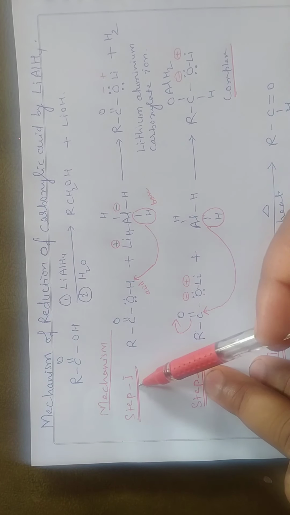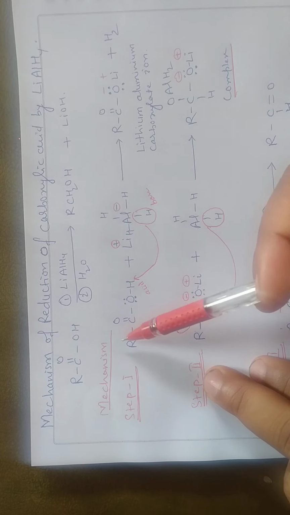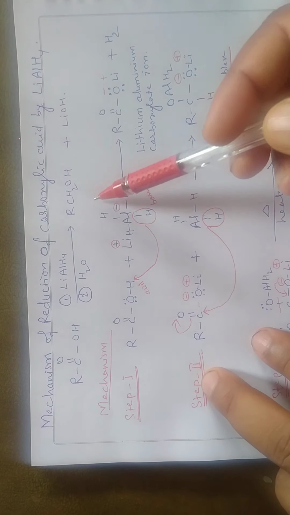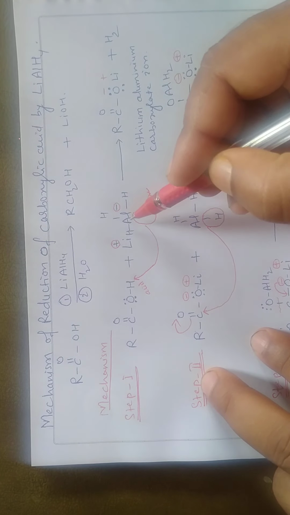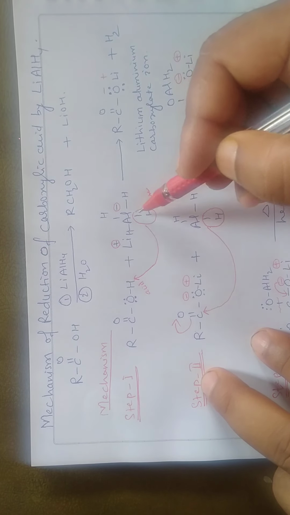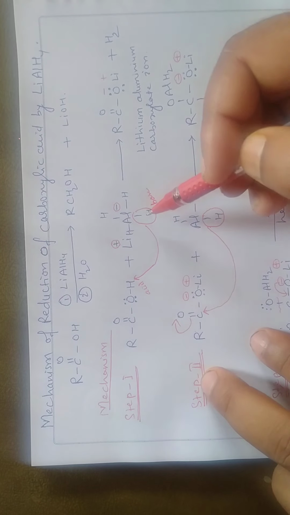Now the first step: this is your carboxylic acid and this one is lithium aluminum hydride, LiAlH4. Now what happened in the first step?